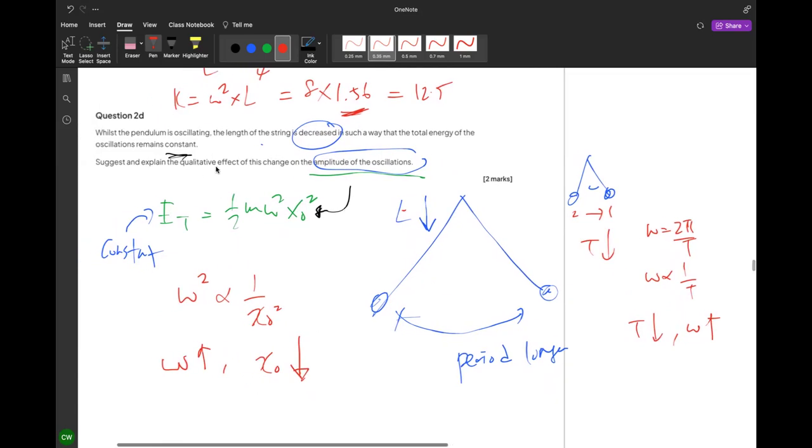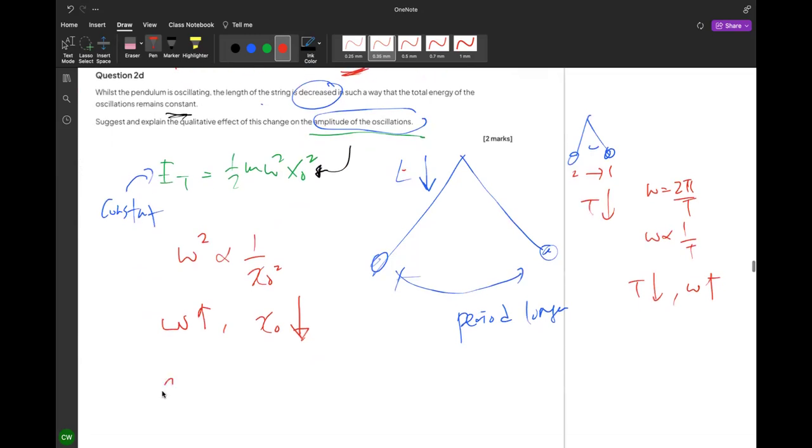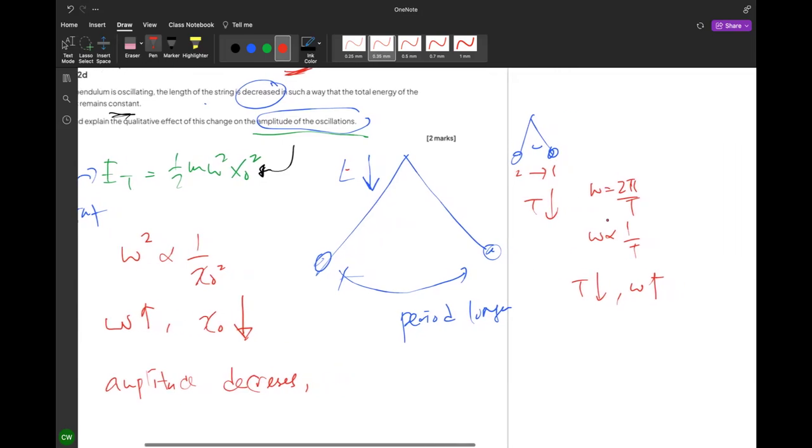So the amplitude changes, so the amplitude decreases. Why does the amplitude decrease? Because decreasing L will cause omega to increase.